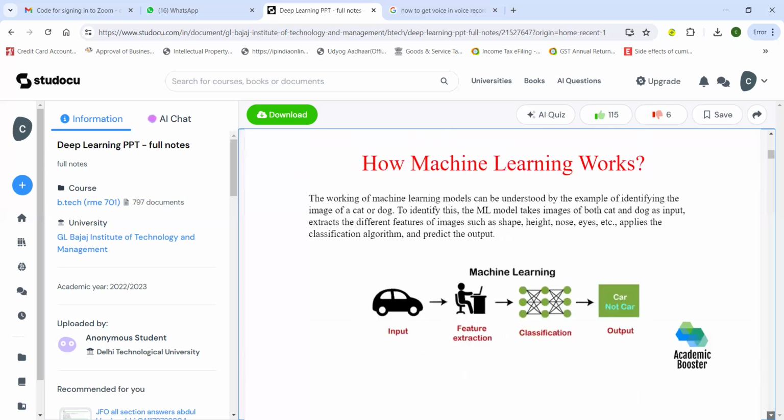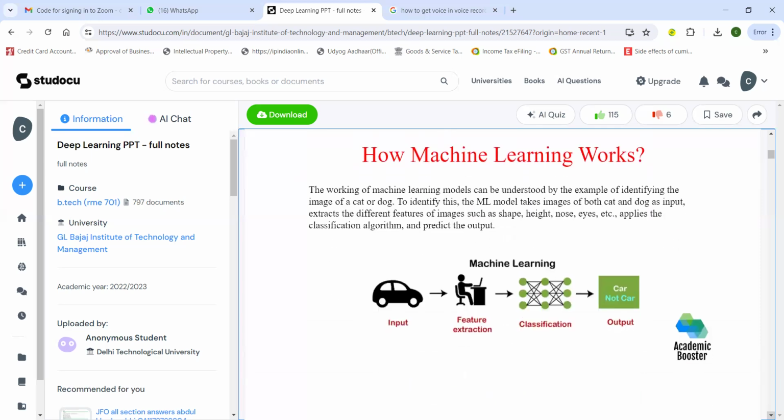Now, how does machine learning work? Before starting with deep learning, firstly we have to understand the concept behind machine learning. The working of a machine learning model can be understood by the example of identifying the image of a cat or a dog.